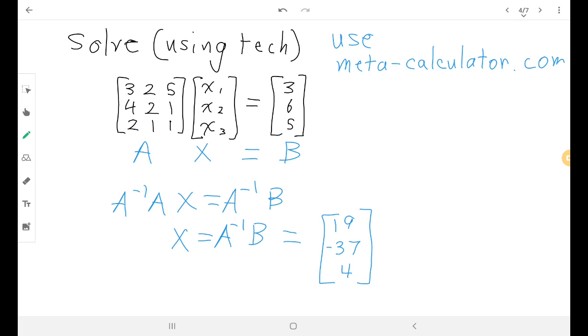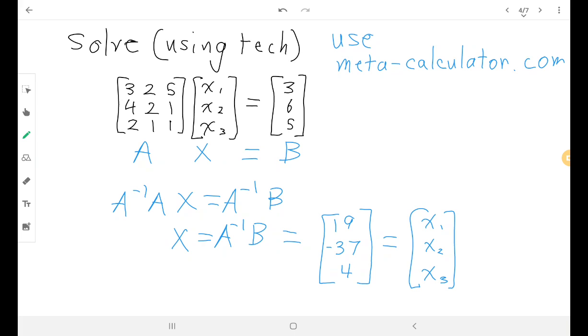So I used meta-calculator.com to use technology to help me get that answer. All right? And that tells me what x1, x2, and x3 are. I just match up the elements.